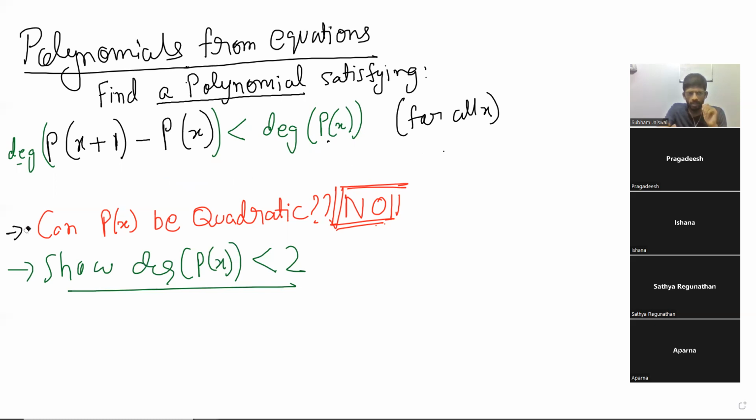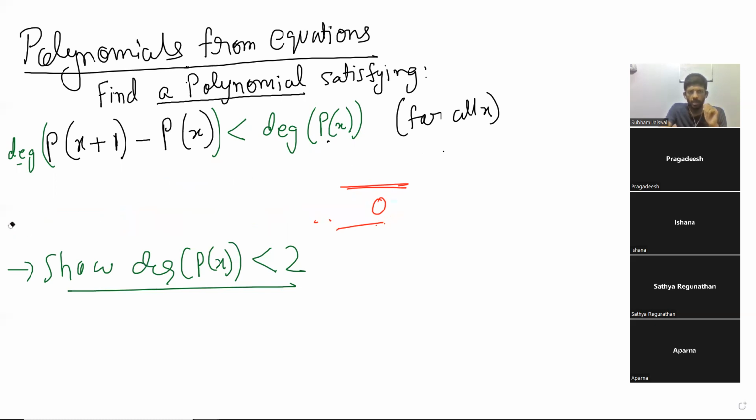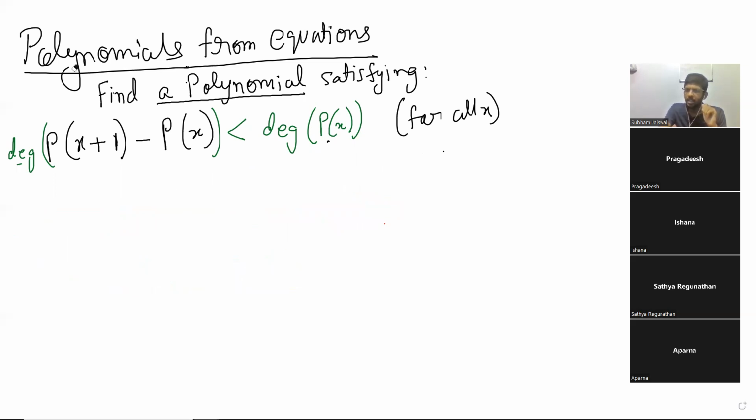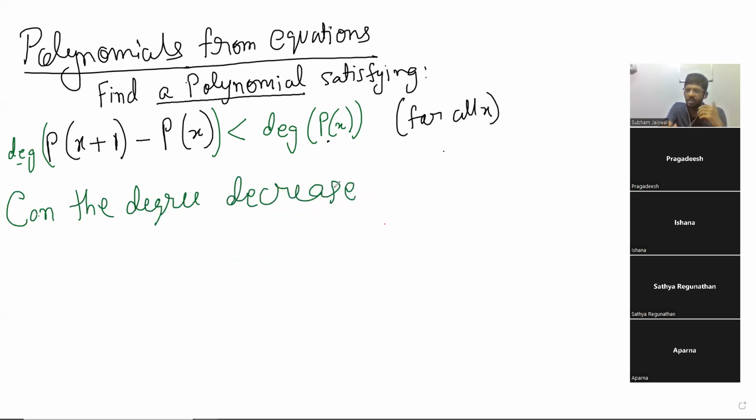But the very next question that comes to mind is, can the degree decrease by more than 1? And yes, next week we will solve at least one problem.